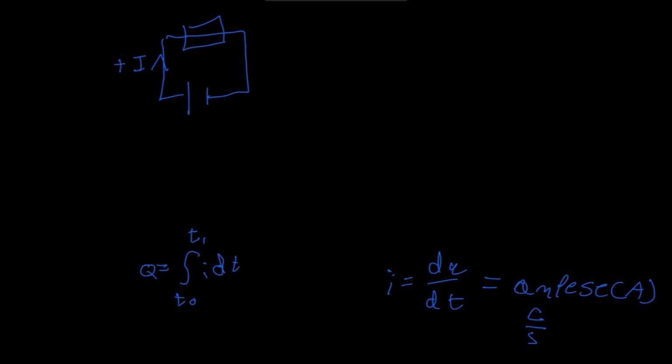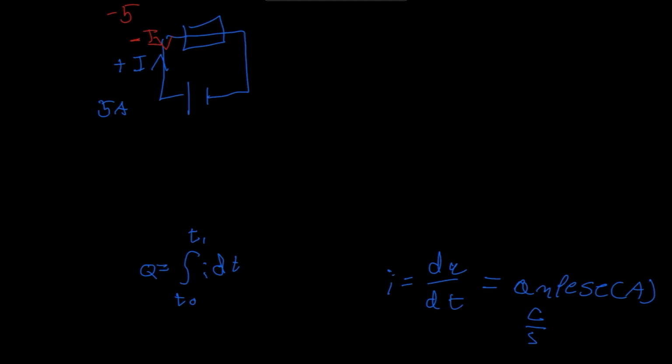And if I were to measure the current in the other direction, let's say right here in the negative direction, this will just become negative I. So if my I was 5 amps here, it'll just be negative 5 amps here. Measuring a charge, the positive and negative only matters for the direction it's flowing and not the magnitude of it.